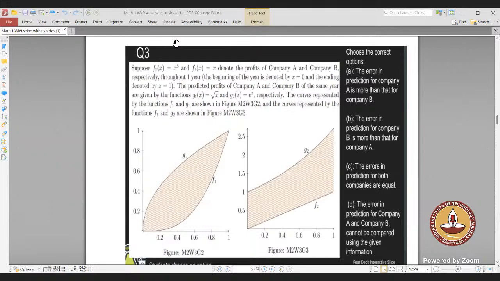I request everyone to try to solve this question. You just have to use the same approach that you did in the previous question and compare which area is greater, or if they are equal.